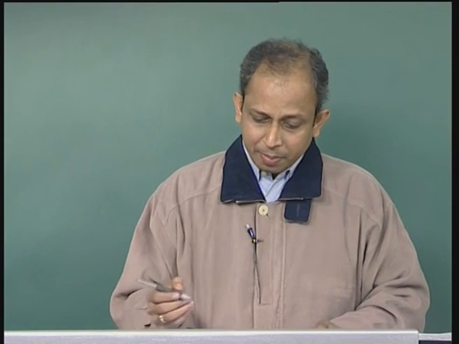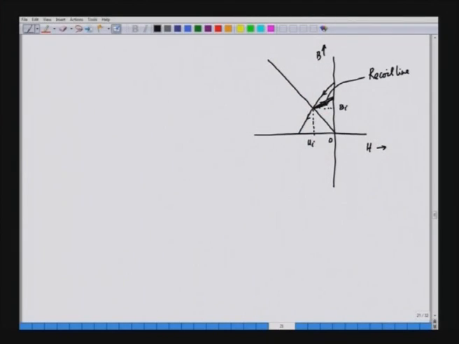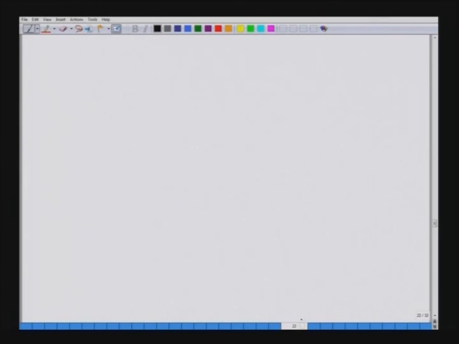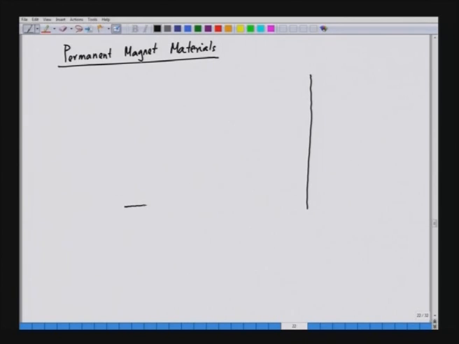We will see permanent magnet material, and we can understand their behavior from the second quadrant of the BH characteristic.